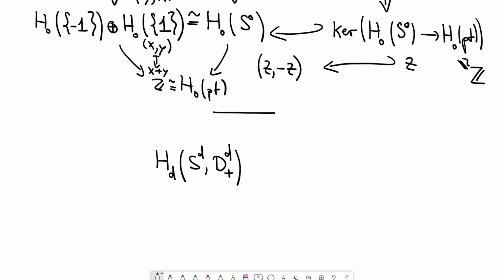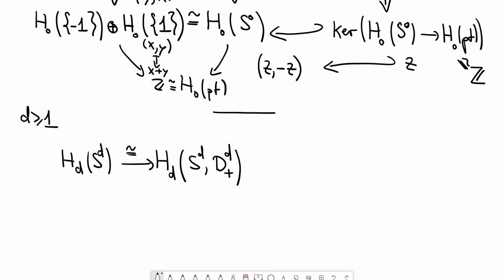Now, if d is at least 1, which I want to assume now, then by the long exact sequence of SD and DD plus, we see that the inclusion from SD into this pair induces an isomorphism, just because the homology of DD plus is 0 in the respective degrees.